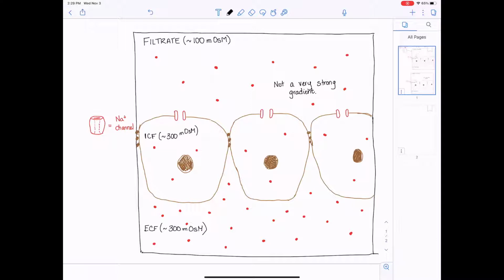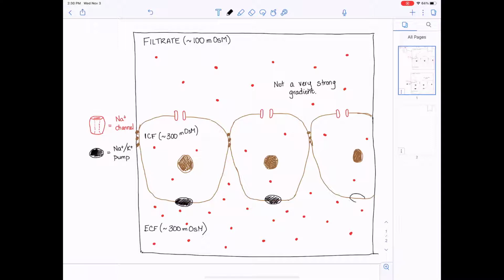So what establishes that gradient in the first place? Well, the gradient is established on the basolateral side through the sodium-potassium pump. So let's go ahead and add in some sodium-potassium pumps on the basolateral membrane.